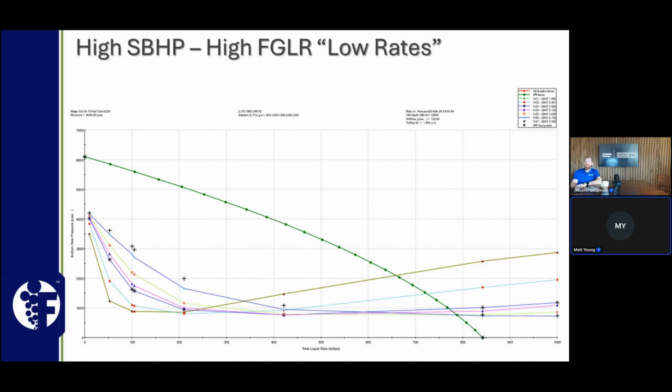And of course, very similar progression, 2 3/8 to the left, increasing our flow area as we work down our deliverability curve. But again, as those liquid rates or those GLRs change, our production difference, or delta production, tightens up quite a bit.